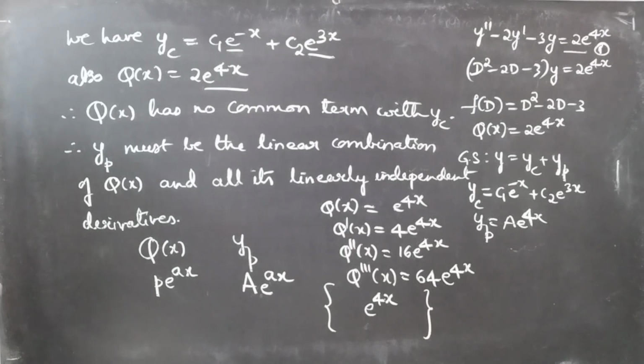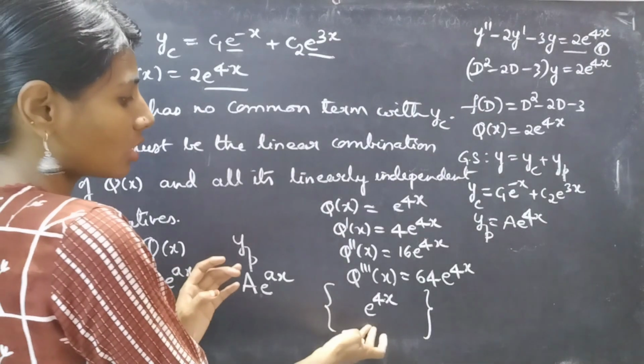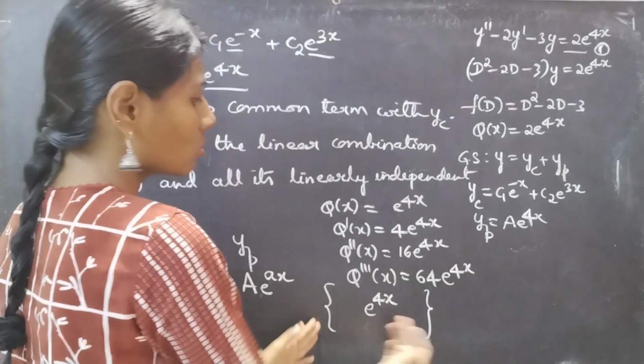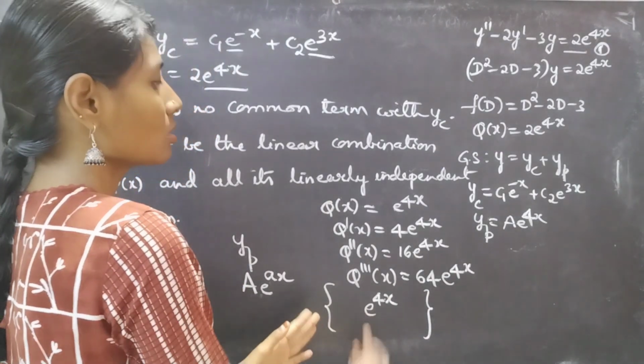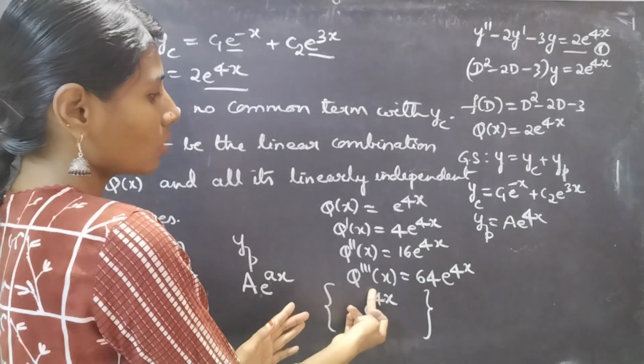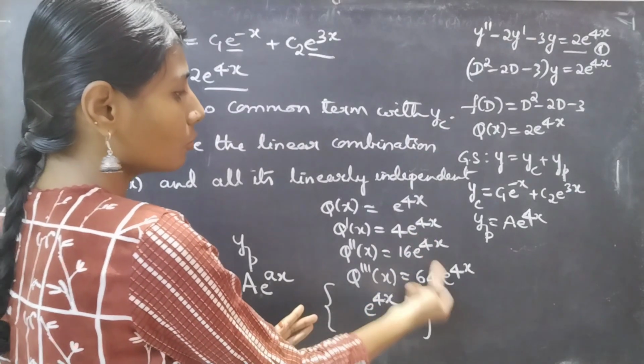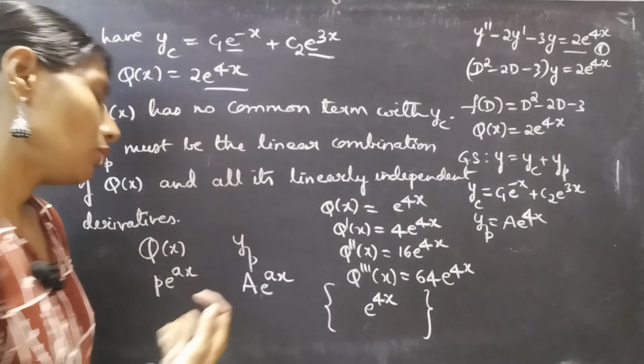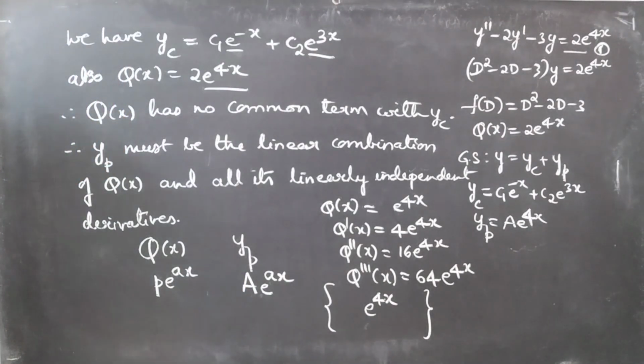Okay, we'll just write q of x and all its derivatives in a set form. Here the set involves only e power 4x, since q of x and all its derivatives has only e power 4x. Okay, forget about the coefficients of e power 4x. Now, with the help of this set, we'll find yp.